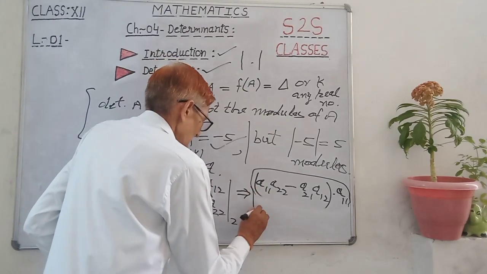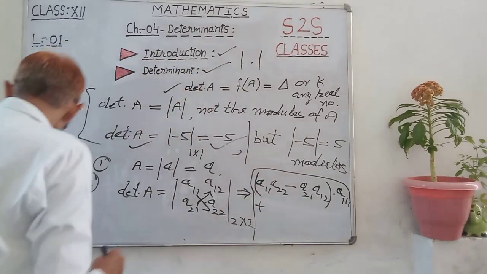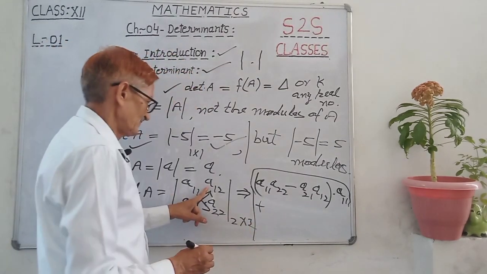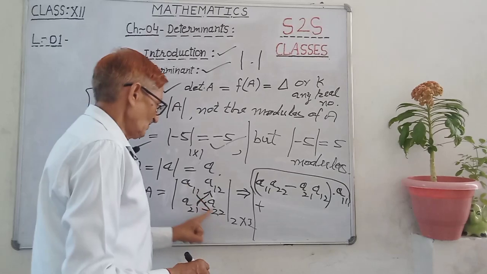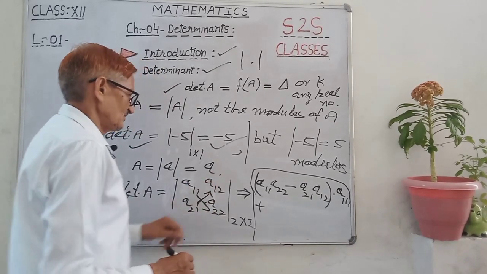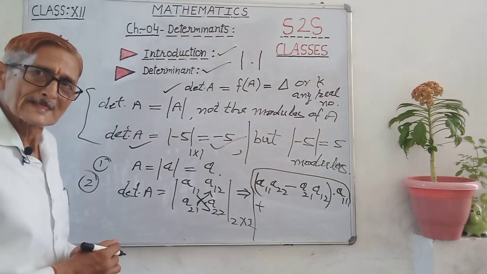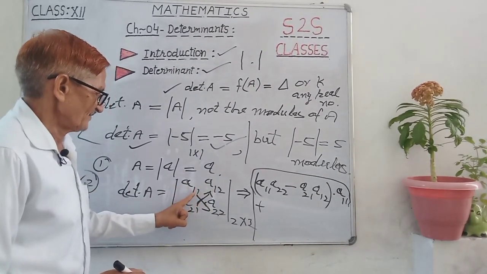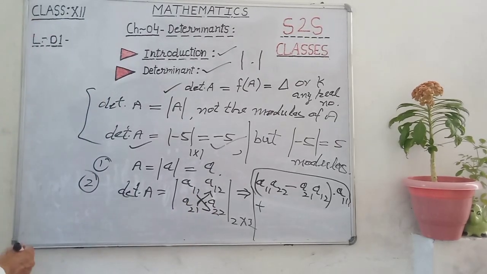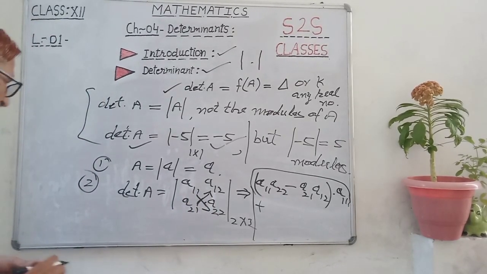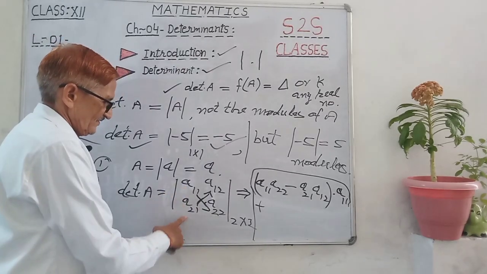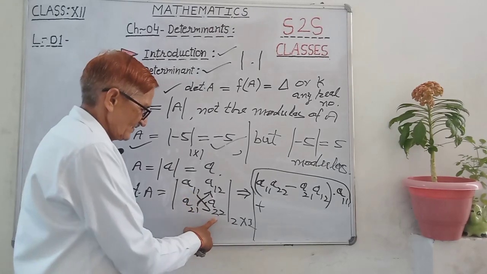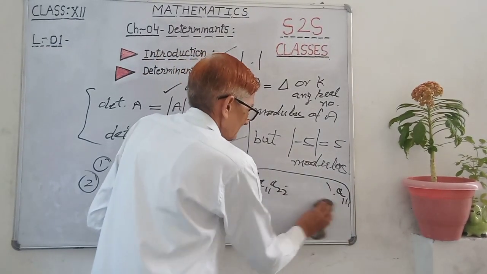Okay, then plus the second element of the first row, A12, so this into this minus this into this. Okay, this cancels, A11 into A22, this will be there only. You cancel, this cancels, A11 into A22, only this.